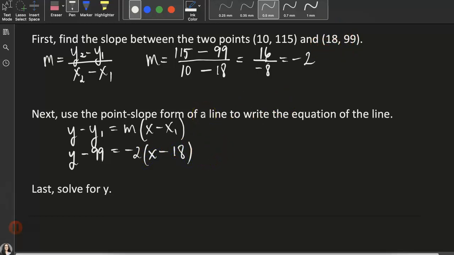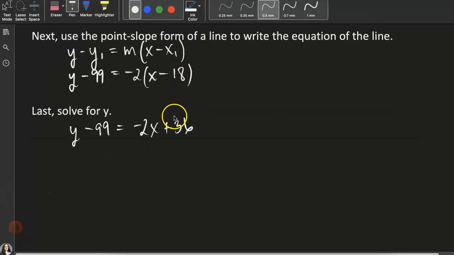At this stage, technically this is an equation of a line, but if I go back to look at my math lab, it wants me to solve this for y. So I'm just going to do some algebra by distributing the -2. And I get this. And then I'm going to add the 99 to both sides to get the following.